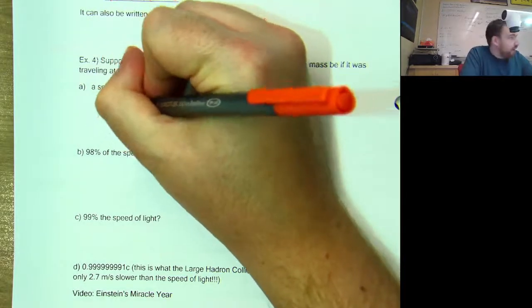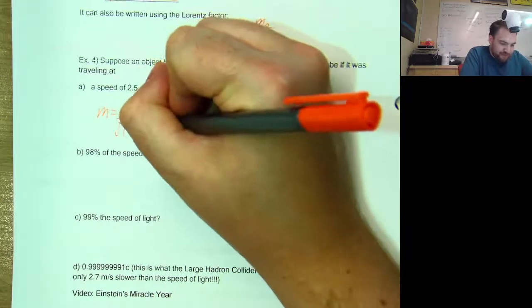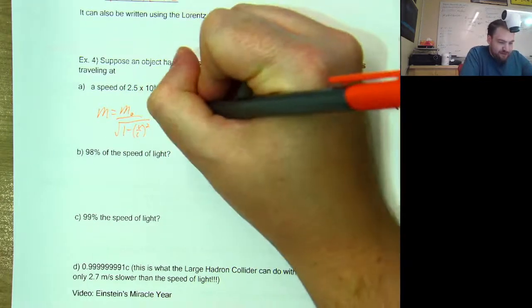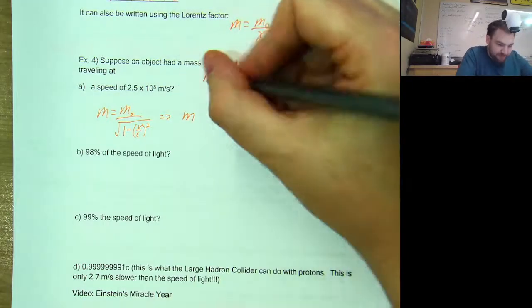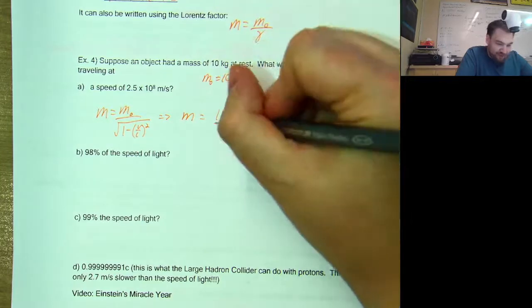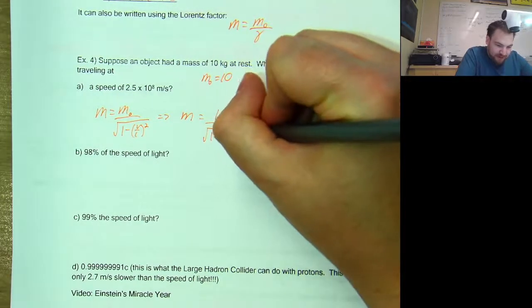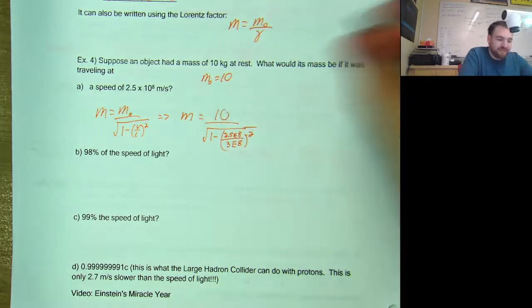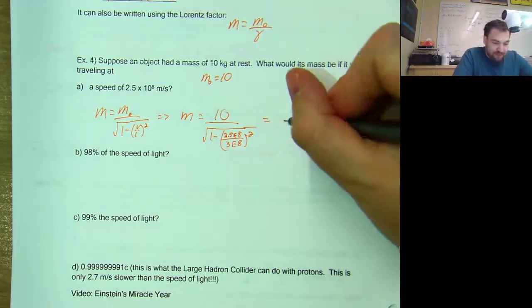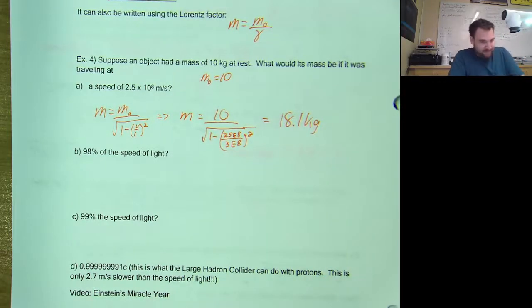So m is going to equal m0 over the square root of 1 minus v over c, all squared. That's going to be our relativistic mass, equals 10 over the square root of 1 minus 2.5E8 over 3E8, all squared. Zach already did it while I was talking: 18.1 kilograms. Pretty quick.